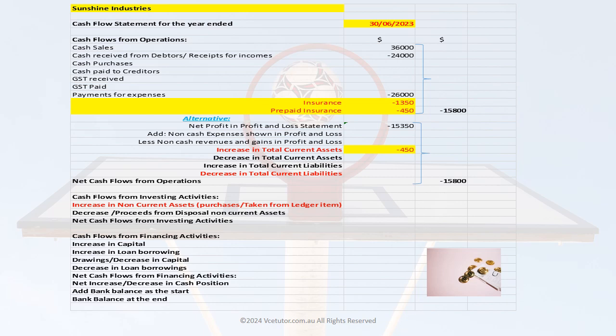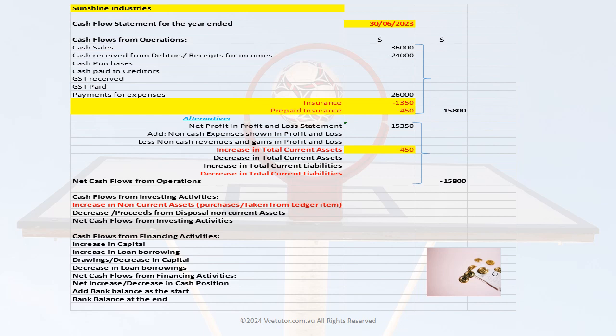The insurance paid is 1,350 as an expense payment, plus also we have paid prepaid. So this is a cash outflow. When we are in the cash flow statement, our mind should be only about how much cash comes in, how much cash goes out. So by summarizing all these, you find 15,800.